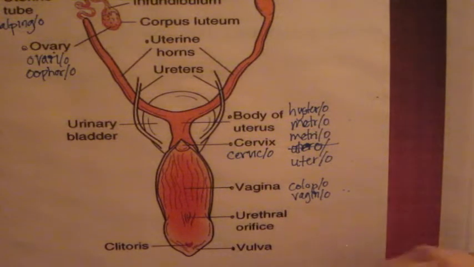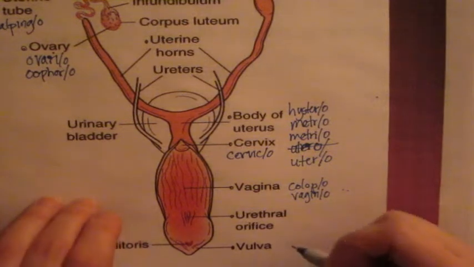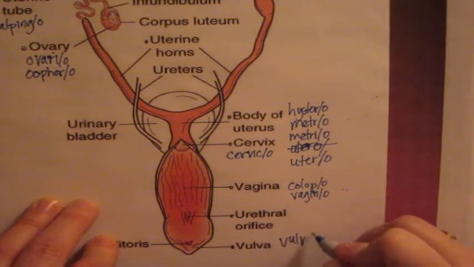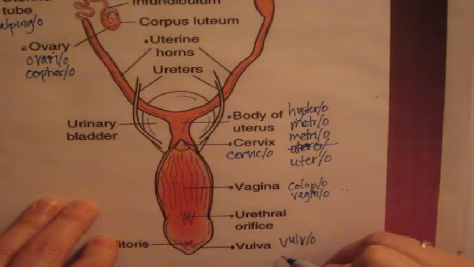The vulva is the external opening to the urinary tract that leads into the vagina. Combining forms are vulvo and episio.